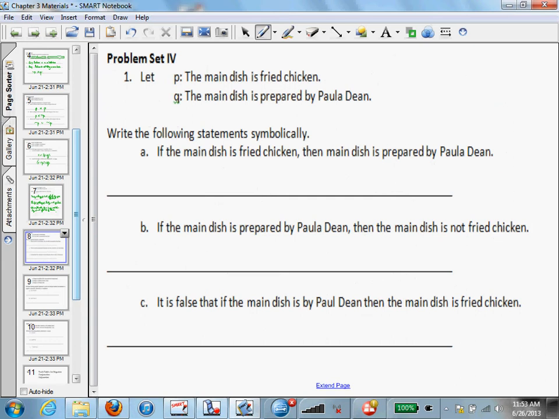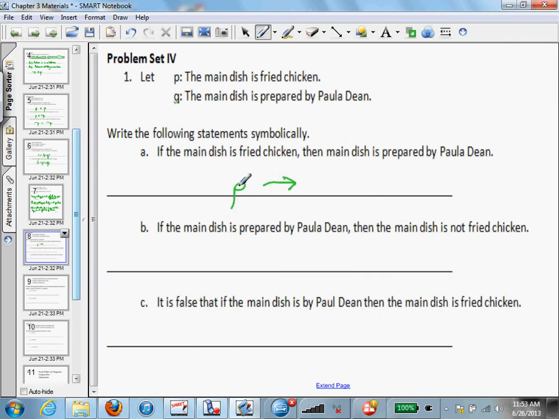Okay, next we have some fried chicken. So we have to write these statements symbolically. If the main dish is fried chicken, then the main dish is prepared by Paula Deen. So we're going to use the if and then statement, which looks like this.